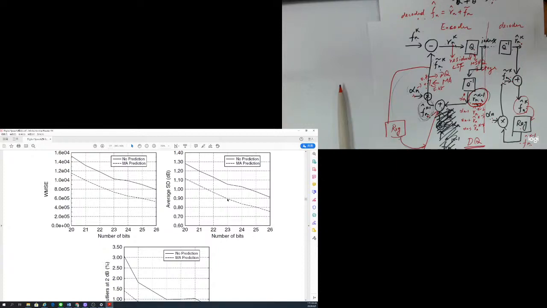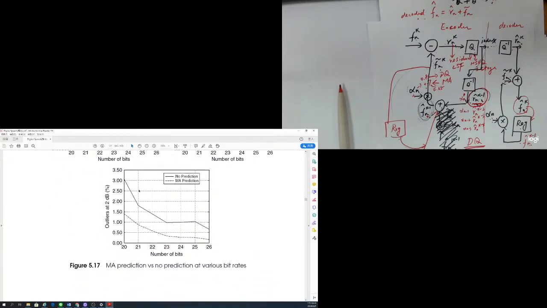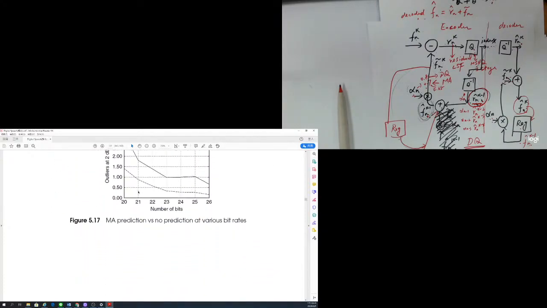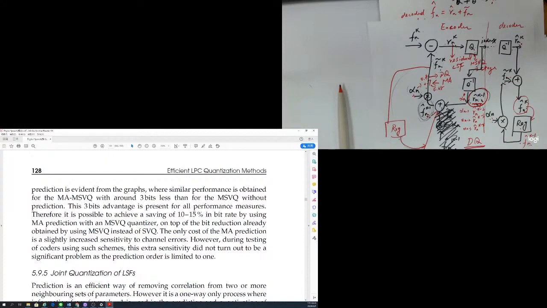If we use interframe prediction, we can use 23 bits here. If there is no interframe prediction, you have to use 26 bits to get the same performance. So interframe prediction can contribute almost more than 3 bits.